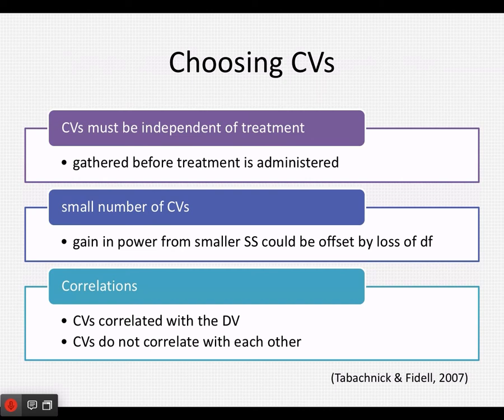So if we're looking at a study that involves therapists, we might think about factors beyond our IV that might influence or be related to our outcome variable, the DV.